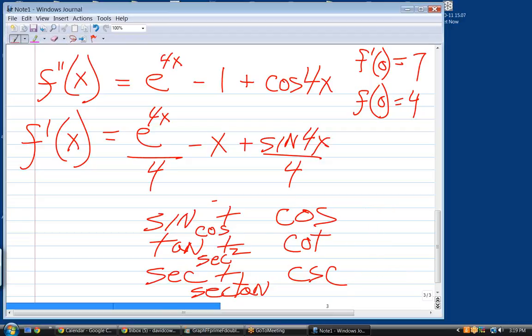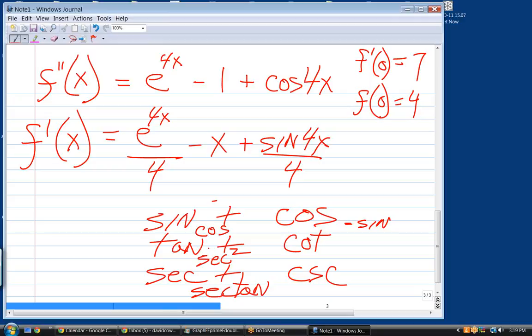In other words, the derivative of sine is cosine, and the derivative of cosine is the cofunction of sine, only with a negative. Same thing with cotangent.